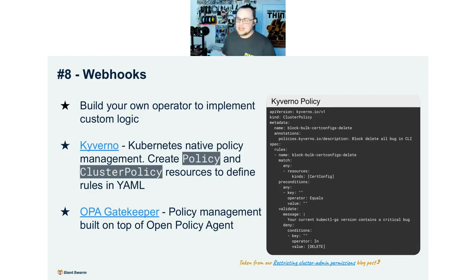What this Kyverno policy allowed us to do is block any bulk deletes of this CertConfig resource type. As you can see here, underneath the resource kind, you've got CertConfig.